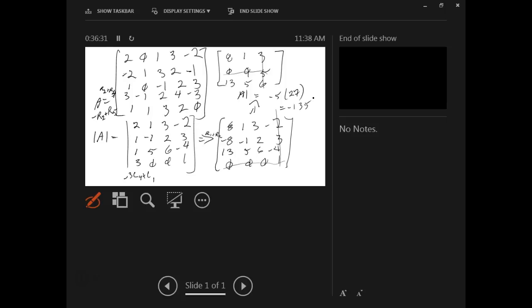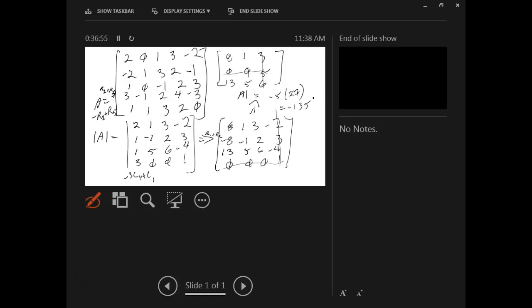This is example 6, top of page 117, section 3.2, determinants of elementary row operations in chapter 3, which is determinants. And here's a matrix A that we started with, a 5 by 5 matrix. We want to find the determinant of that.